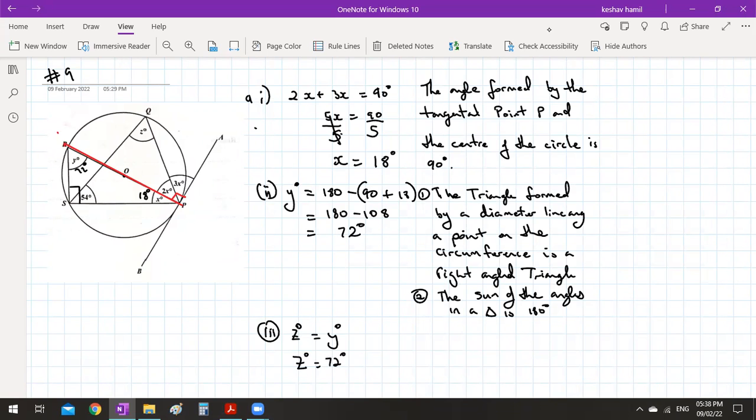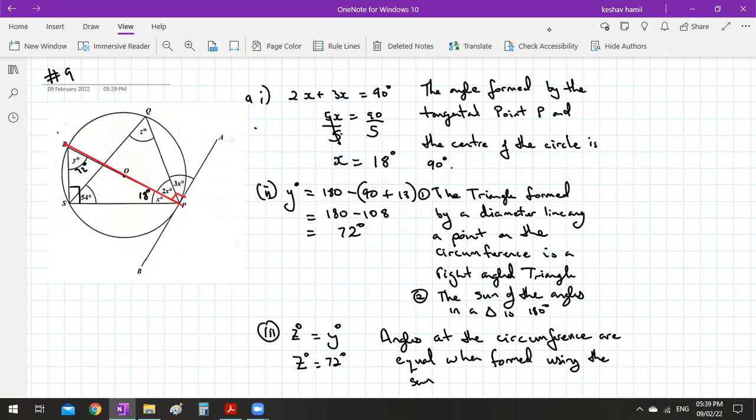So this line S to P is a chord and it forms a segment of the circle, and angles at the circumference are equal when formed using the same chord.